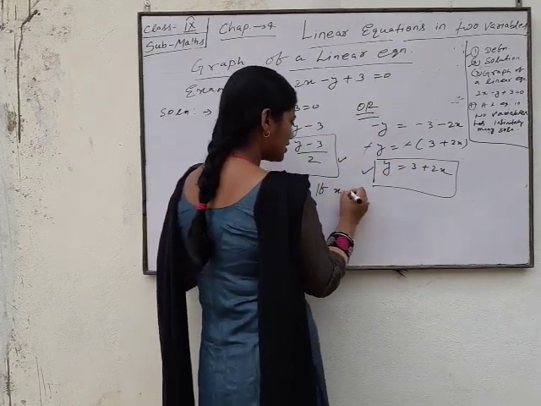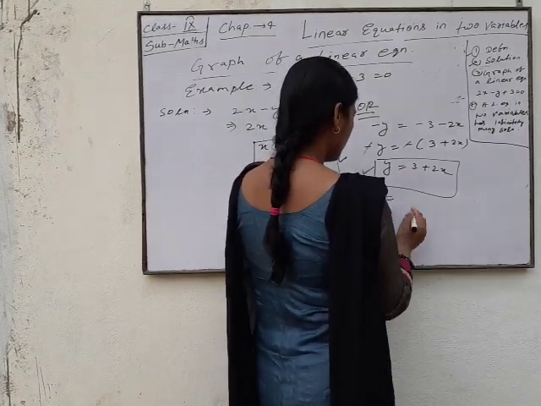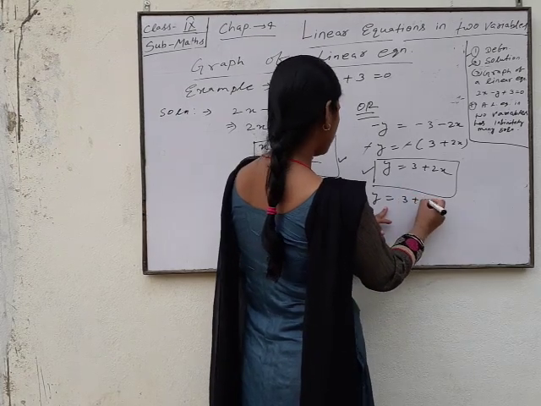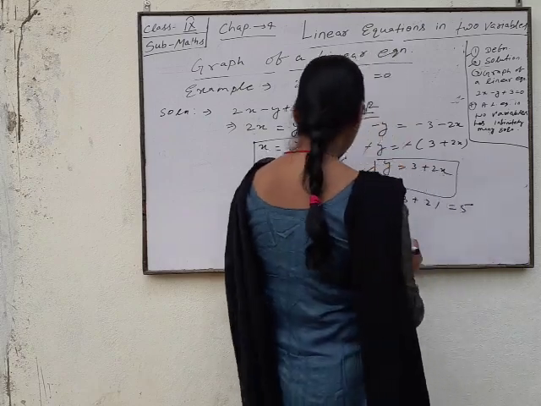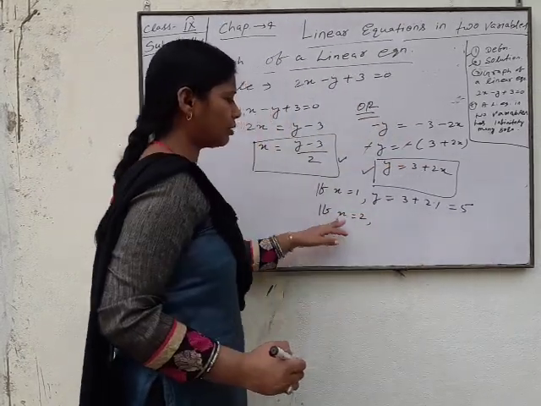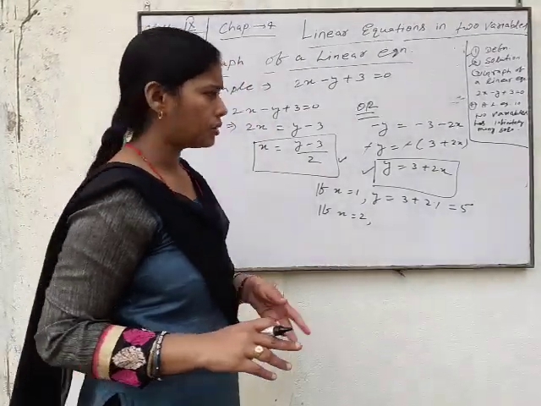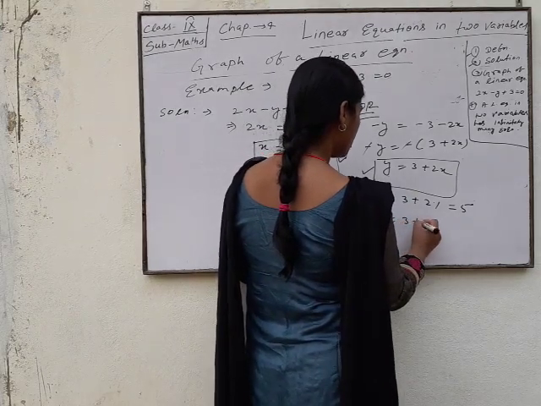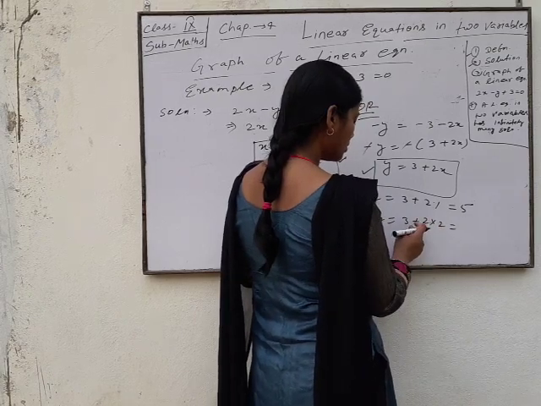If x equal to 1, then y equal to 3 plus 2 into 1, which is 5. If x equal to 2, we could also take negative numbers, any numbers, negative, positive and 0. So x equal to 2, so y equal to 3 plus 2 into 2. 2 twos are 4, 4 plus 3, 7.